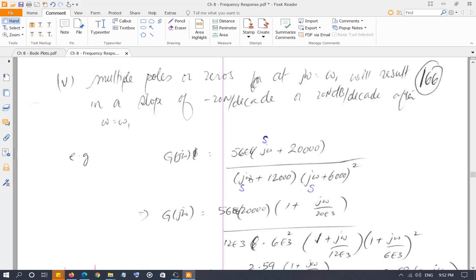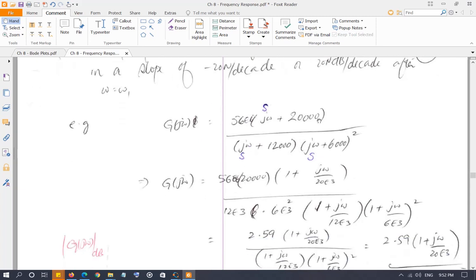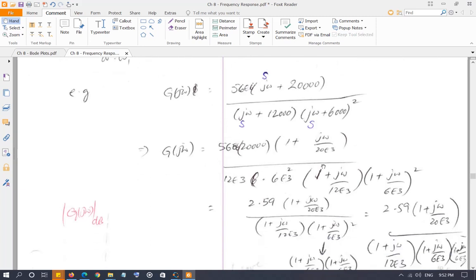Remember, s is j omega, so you're going to replace s by j omega. First we replace s by j omega and then divide the numerator by 20,000. We're going to get 1 plus j omega over 20,000, and then divide the denominator by 12,000 for this one and by 6,000 for this one. So 1 over 12,000 times 1 over 6,000, right?